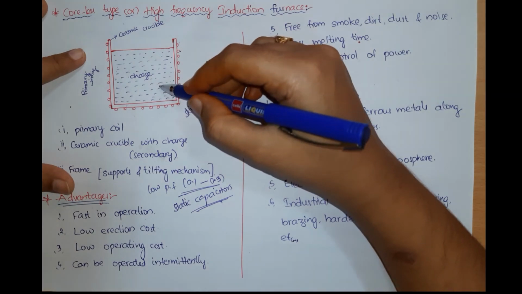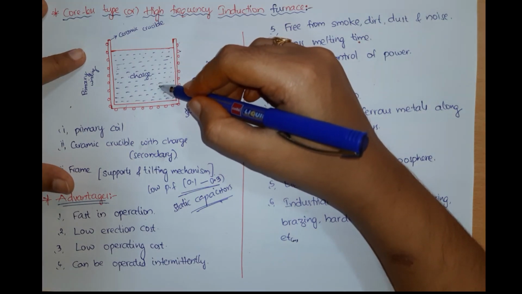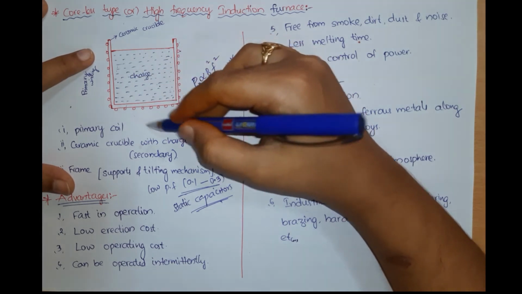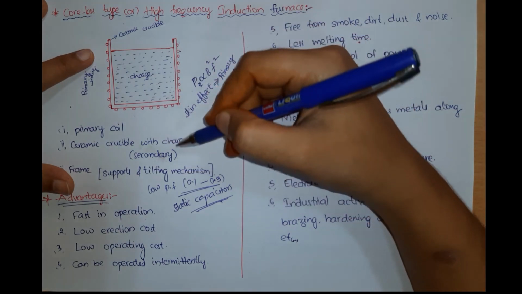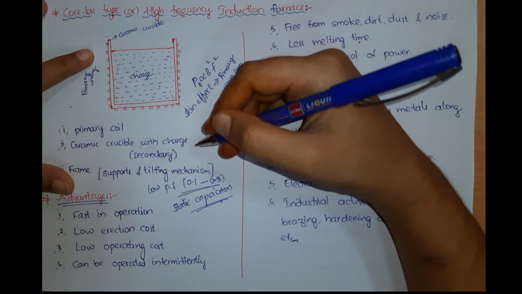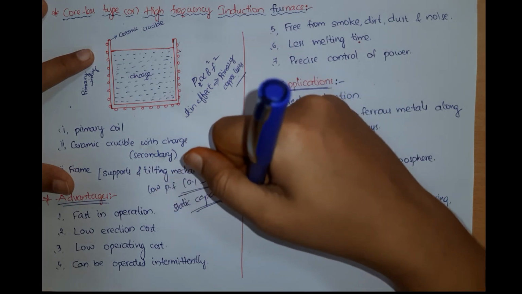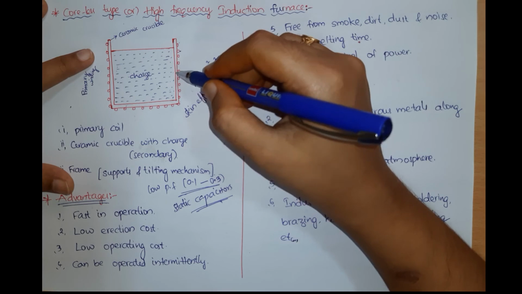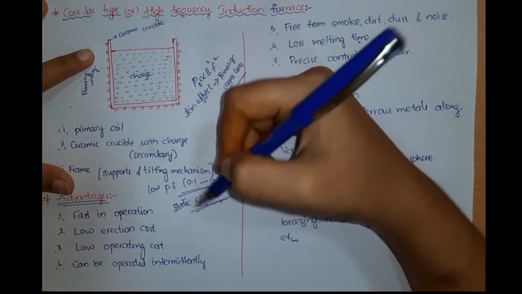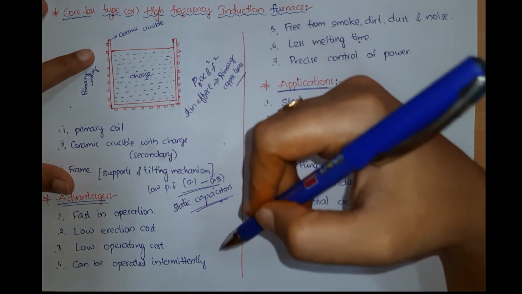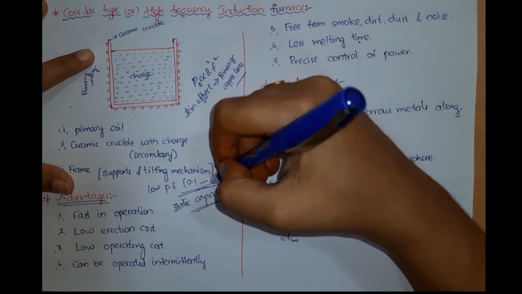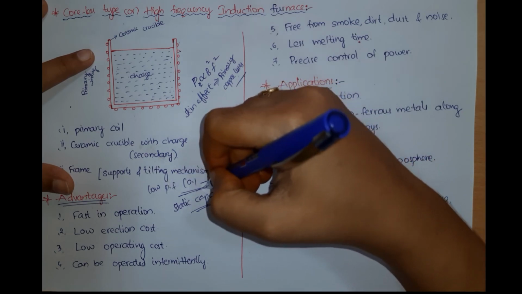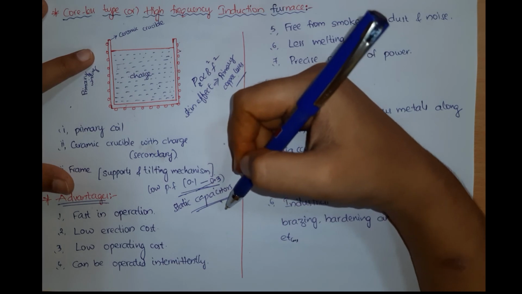As the power factor in this type of furnace is not constant, the capacitance in the circuit is continuously varied to maintain the power factor at unity.